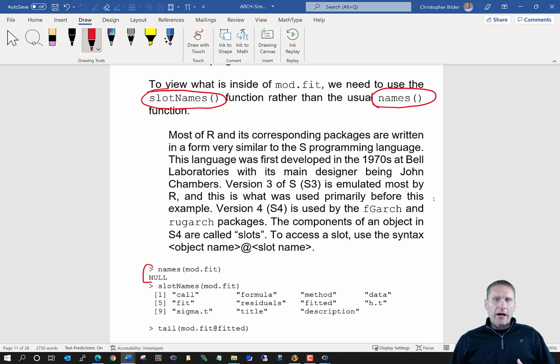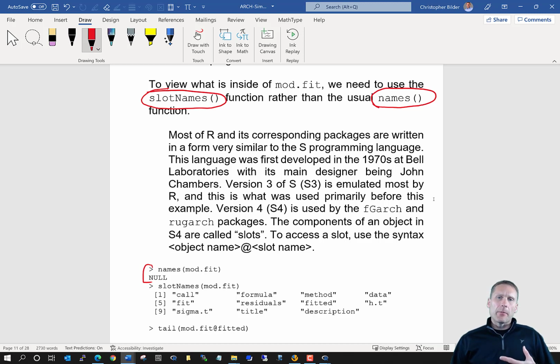Since R originally came out, there have been other versions of S released. There have even been other syntax ways of using R that have been released as well. None of them have really caught on to a large degree. Probably the one that caught on the most was something called S version 4, especially in the early 2000s.